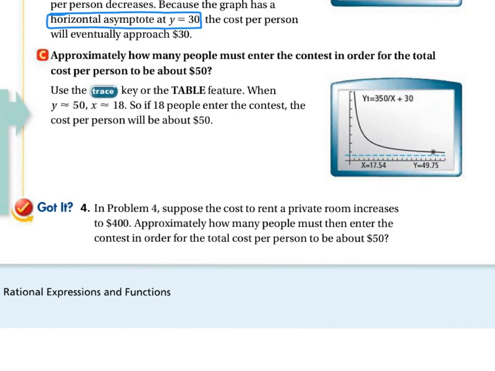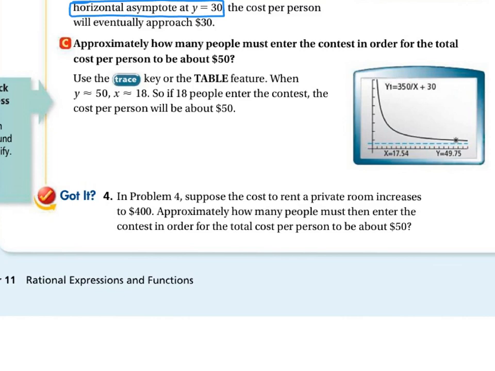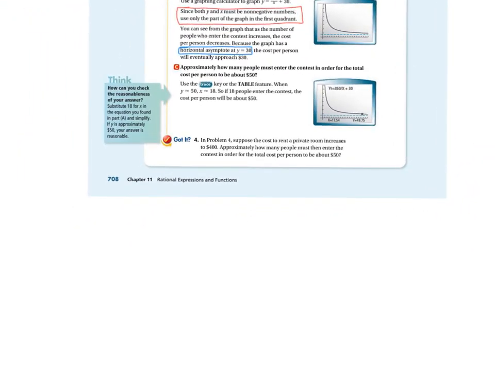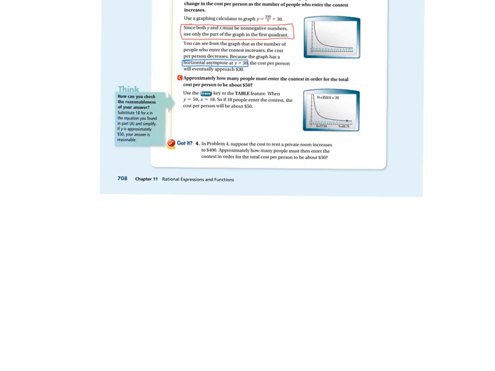The Got It is very similar. The only difference is they're changing it to $400, and then they're asking about this, but we can do this just for practice on making sure we know how to do this on our calculators as well. So for the Got It, we'd have almost the same thing, except it would be $400 for the room, and it didn't say anything about a change in the entry fee, so we're going to say that's still $30.